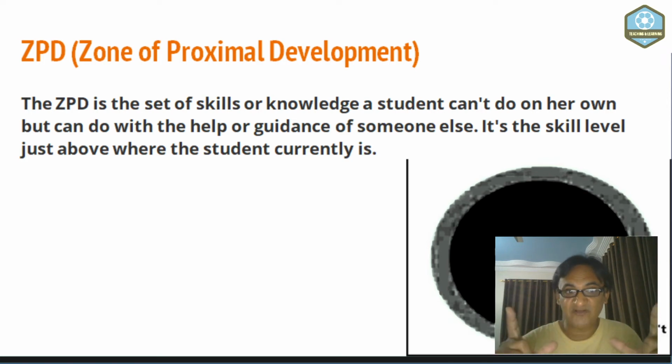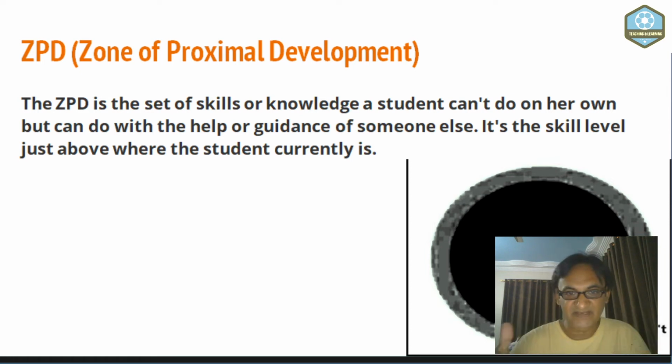This is called the ZPD area, the zone of proximal development. In this zone, students would not be able to do it on their own, but can do it with a teacher or peer helping.